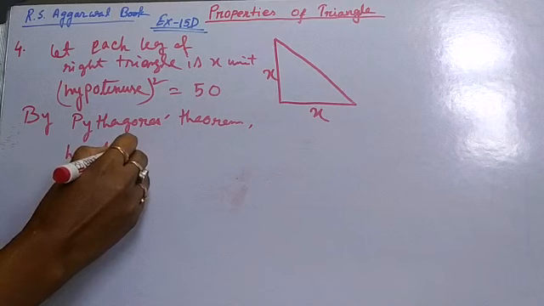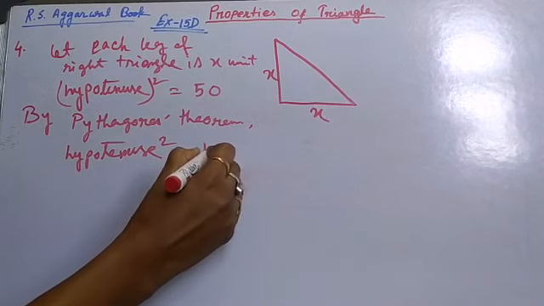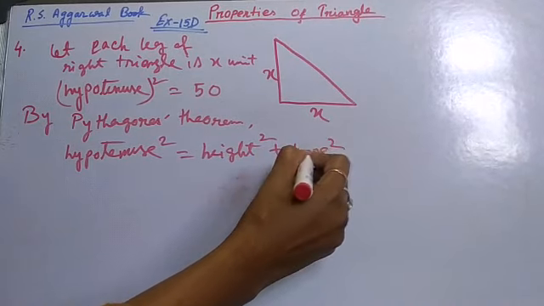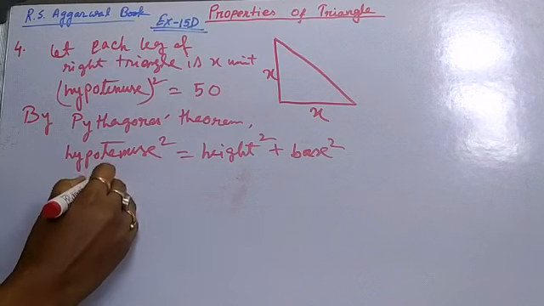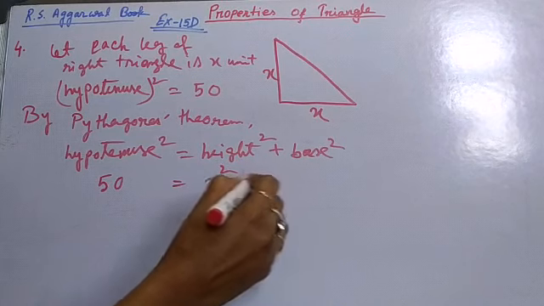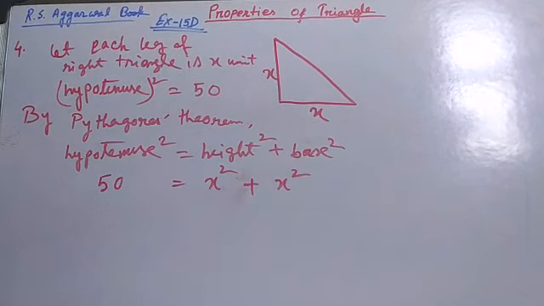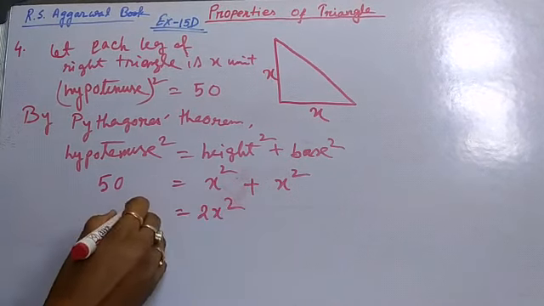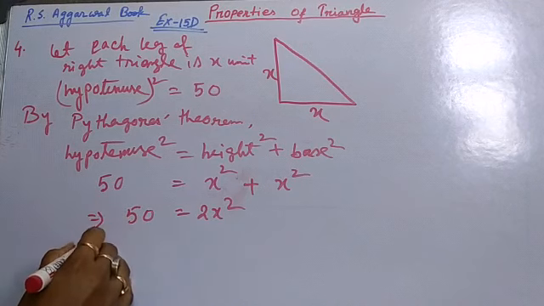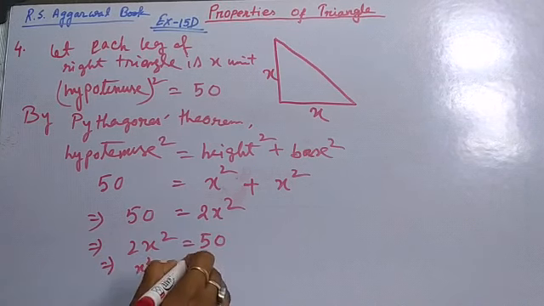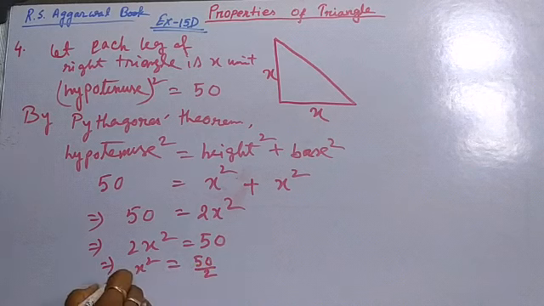Hypotenuse square equal to height square plus base square. Hypotenuse square equal to 50, height square equal to x square plus x square. So here 2x square equal to 50. Then x square equal to 50 by 2. That means x square equal to 25.